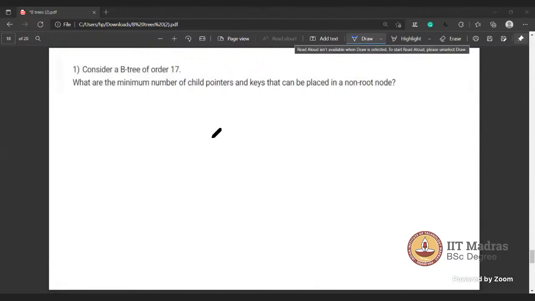In this question, you have to say the minimum number of child pointers and the minimum number of keys in a B tree, and this is a non-root node. You can respond in chat.